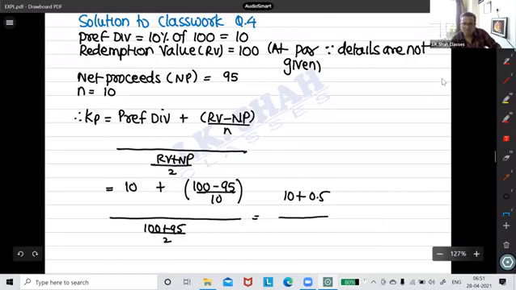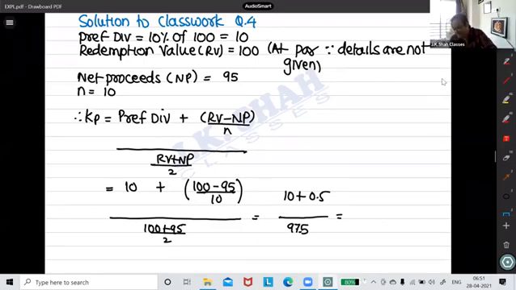Upon 100 plus 95 divided by 2, this should be 97.5. So 10.5 divided by 97.5.